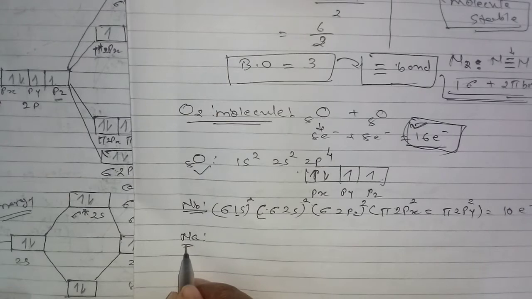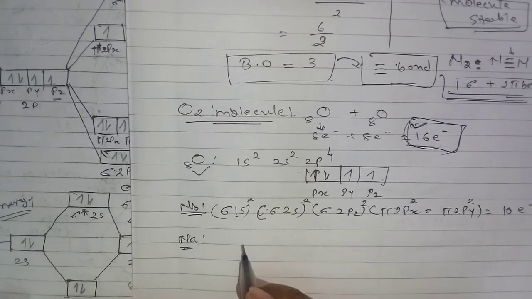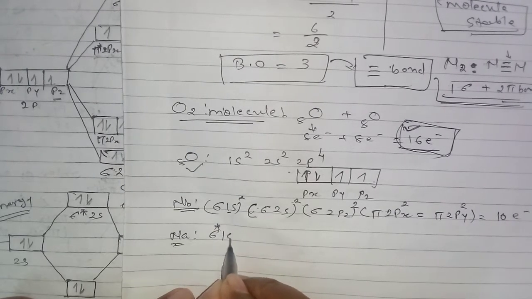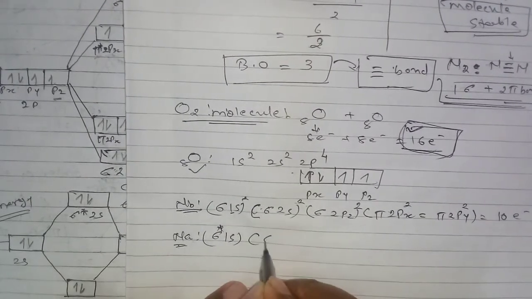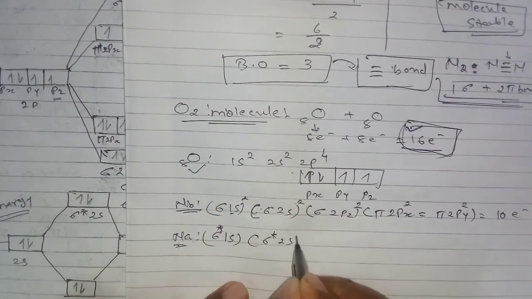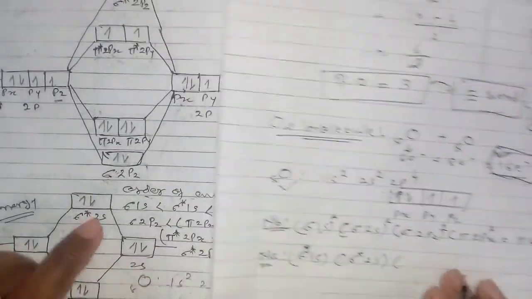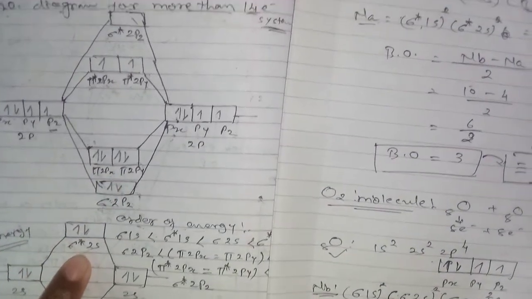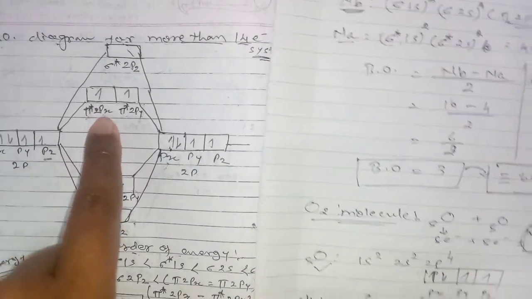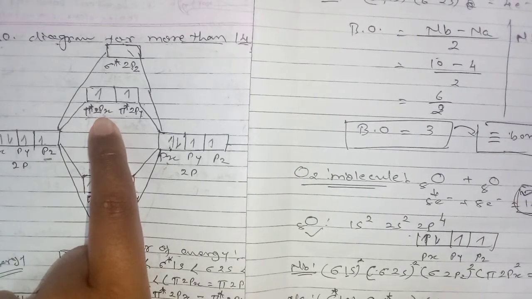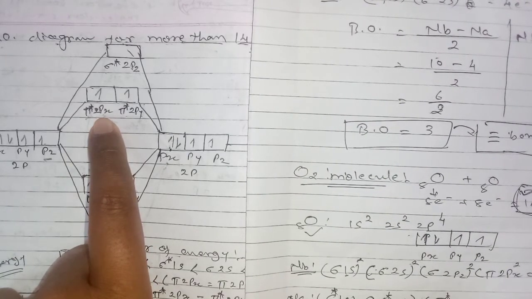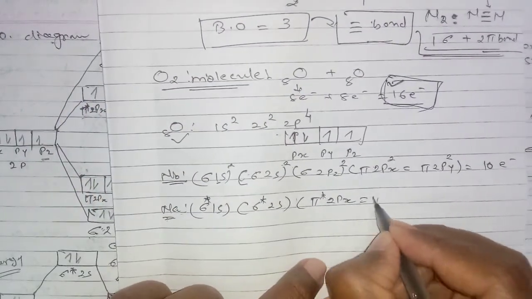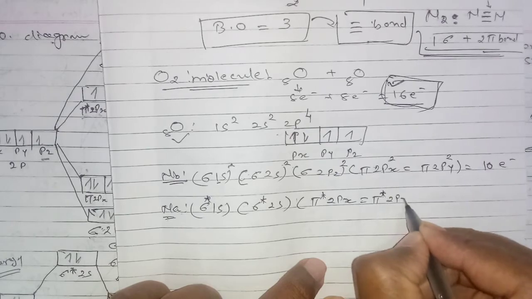And then the electrons present in the antibonding molecular orbitals. The antibonding molecular orbitals are sigma antibonding 1s, sigma antibonding 2s, and pi antibonding 2px equal to pi antibonding 2py.